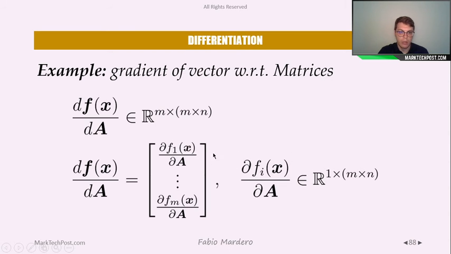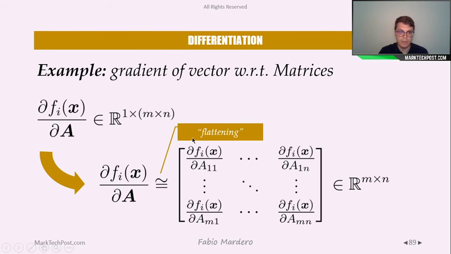Next, our goal is to compute one of these components in a more generic way. So we have this partial derivative of fi of x with respect to the matrix A. So this is still a tensor, but has 1 times m times n dimensions. This can be seen as flattening, giving up this dimension as an m times n dimension.